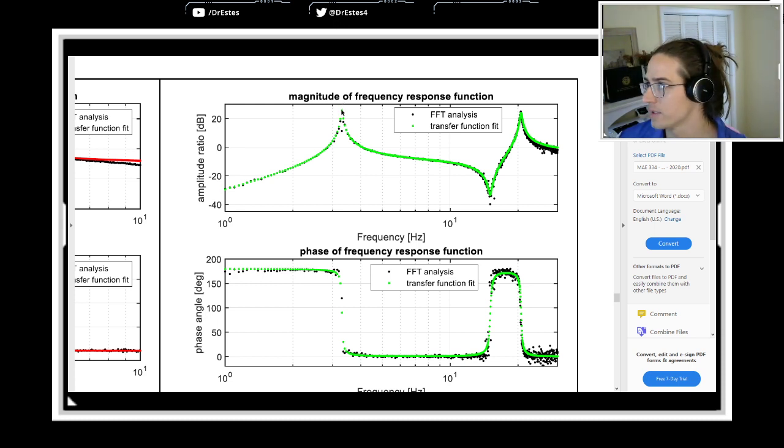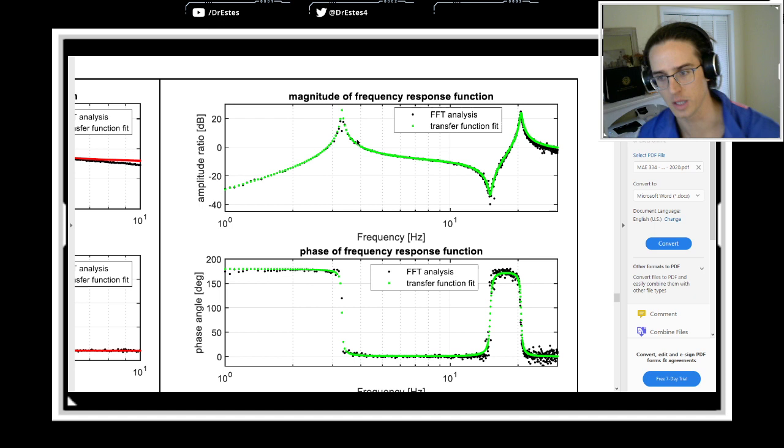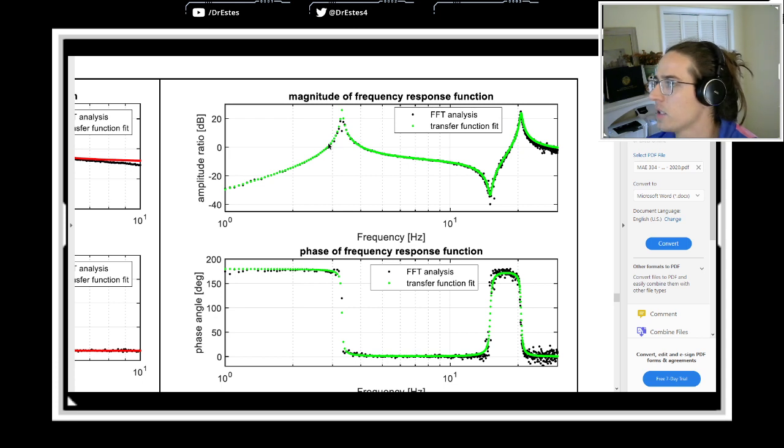But sometimes you want this to happen. A good example, Dr. Karami at our university, a lot of his research is energy harvesting. His goal is to build structures where they always encounter frequencies at this peak.